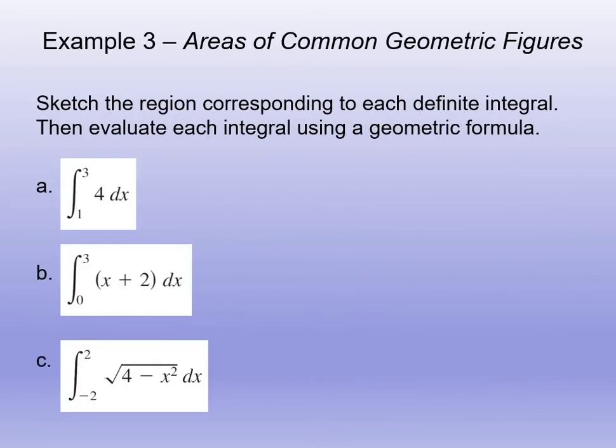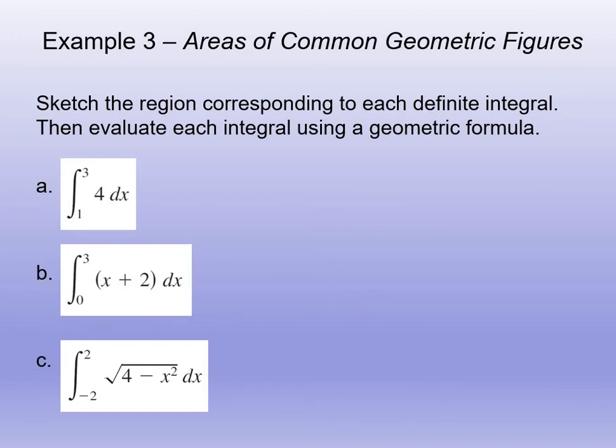Let's talk about how we sketch this graph, because sometimes we can just use geometric shapes. Example 3 goes through geometric shapes that are defined by the integral. If we have a nice perfect shape, we know how to calculate the area of a square, a rectangle, a triangle, a trapezoid, a semicircle, or a circle.